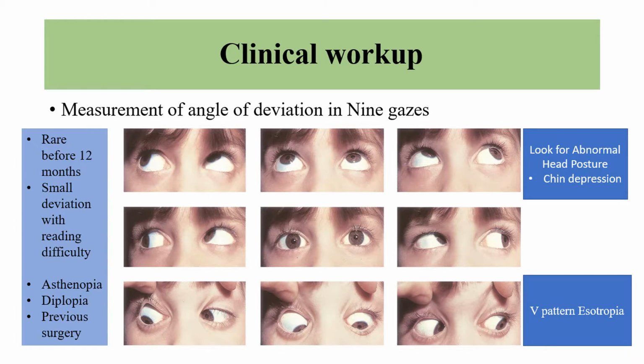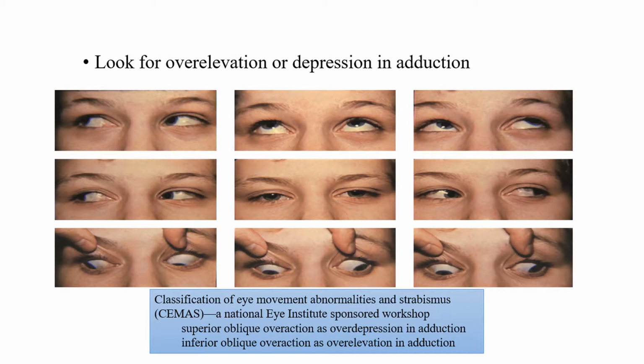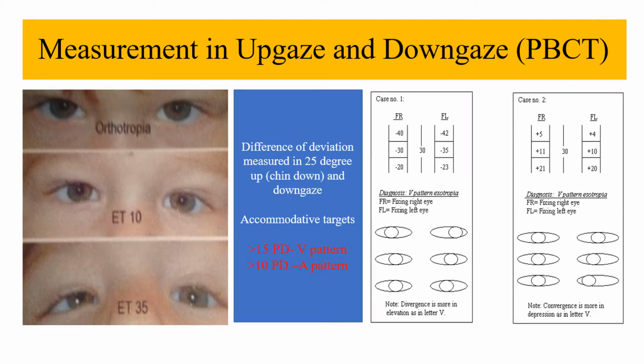And very important, you have to see all the 9 gazes to find out what type of pattern it is. Very important is you have to look for over elevation or depression in adduction, where you have to find out whether the oblique dysfunction is there or not, because the management depends on that, whether the obliques are affected or only the horizontal muscles are affected in the various gazes.